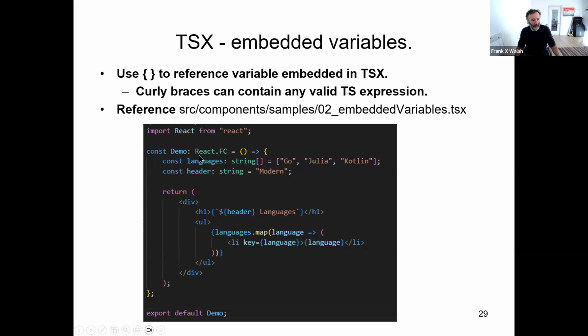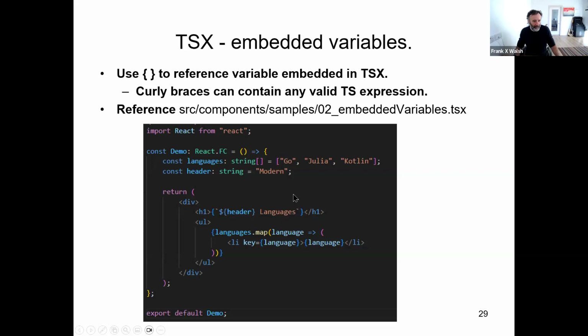If I have a look at it, I'm defining Demo as a React functional component. The constant, that's Demo, the name of our component. It's conventional to start it with a capital letter, and that's what we're doing here.